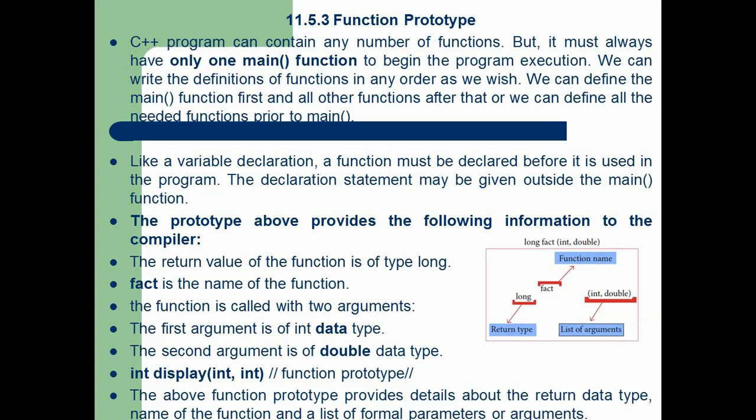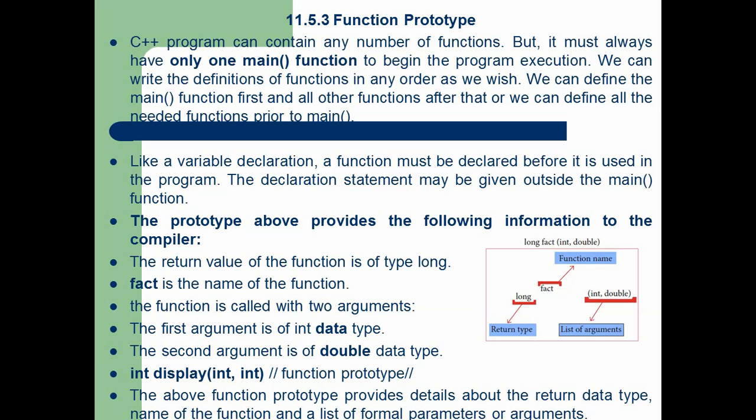Either we can declare the main function first and all the user defined functions next, or we can define all the user defined functions before the main function, but the basic condition is that the main function should be declared, because a C++ program starts all its execution from the main function and ends its execution at the main function.